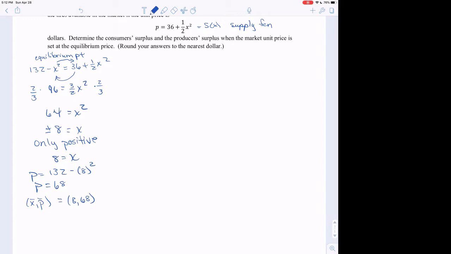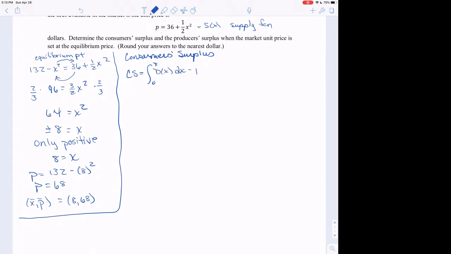So this tells us, now we can find the consumer surplus. So I'm going to just kind of separate this over here. The consumer surplus is CS equals the integral from 0 to x bar of d of x dx minus p bar x bar. Now, it may say x bar p bar, but remember that 2 times 3 equals 3 times 2, so it doesn't matter which order we multiply in.